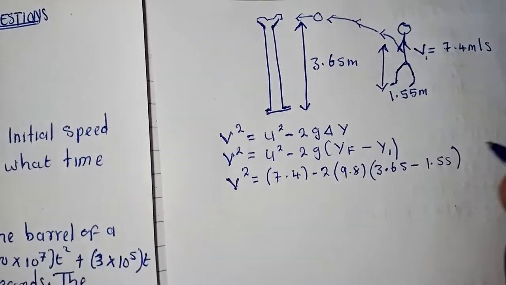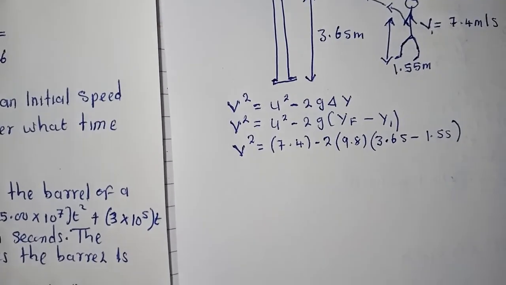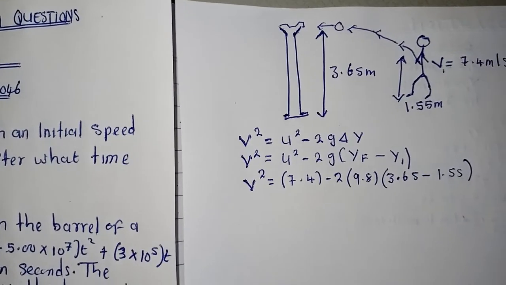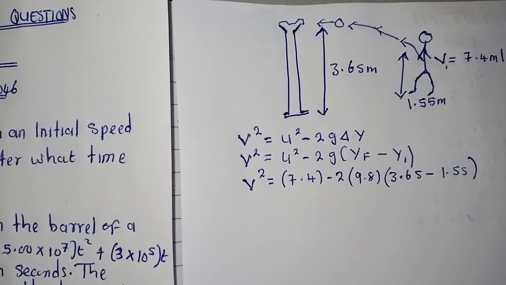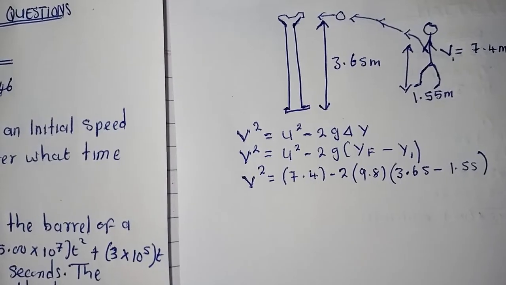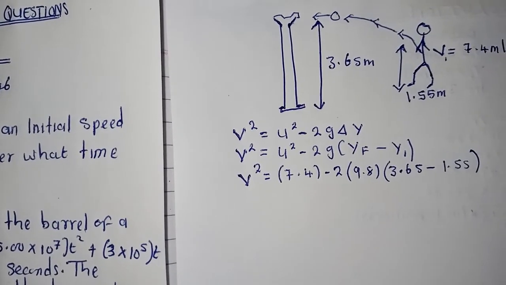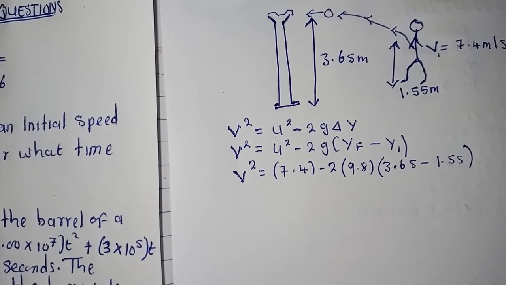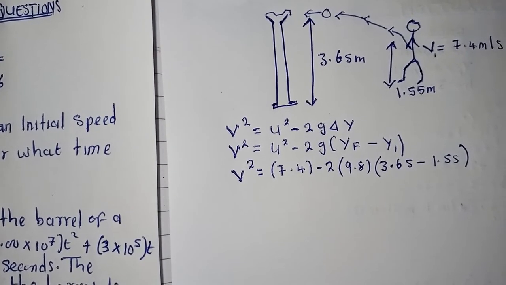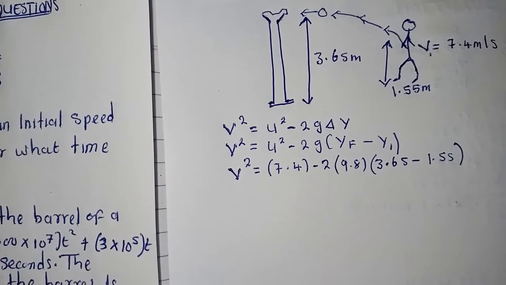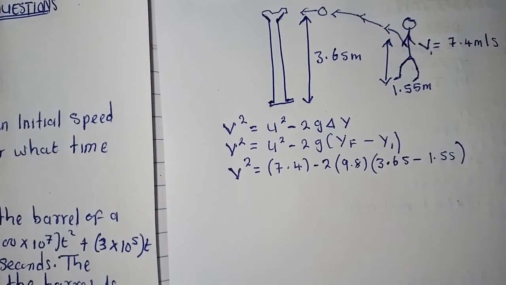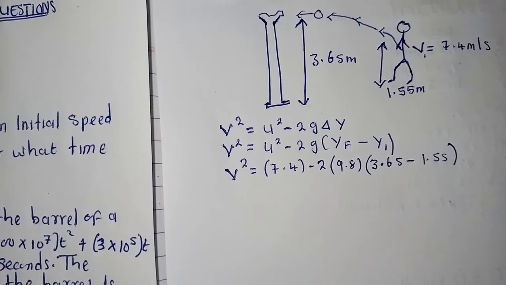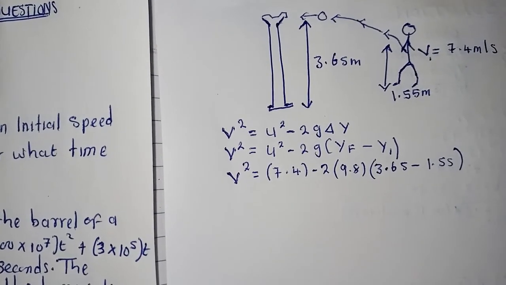Let's punch everything in: 7.4 squared minus 2 times 9.8 times (3.65 minus 1.55). You get approximately 13.6.